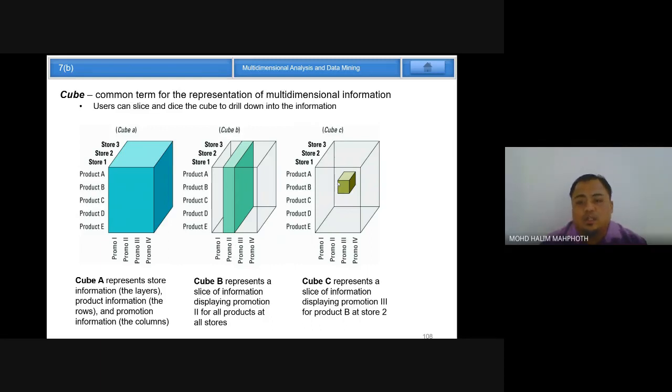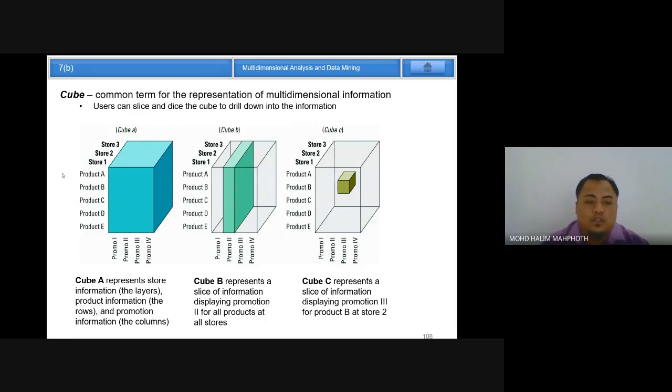And this cube C, you can also search this tiny data, as long as it is still under the dimensions you are looking for, like promotion 3 for product B at store 2. This is very specific.